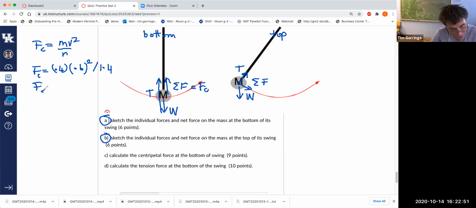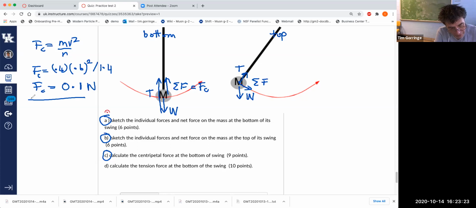And if you calculate all that, that's 0.1 newtons, not 0.01. Okay, so that's good, and that's part C here.